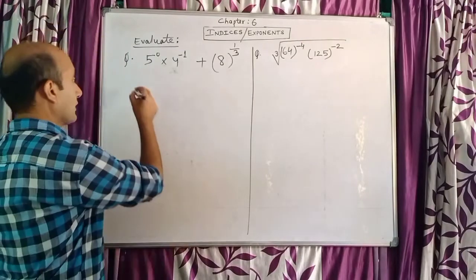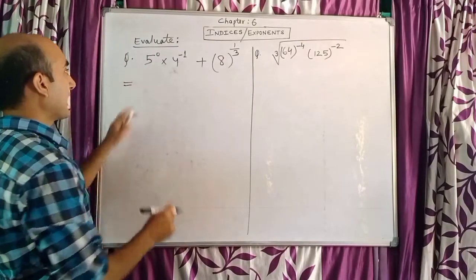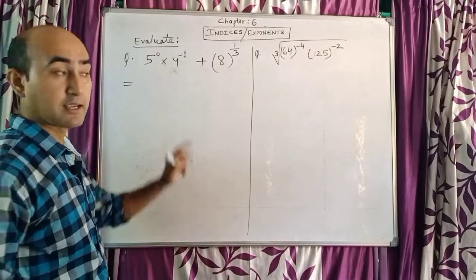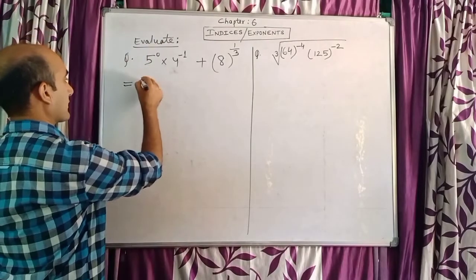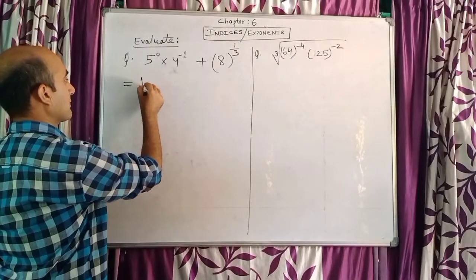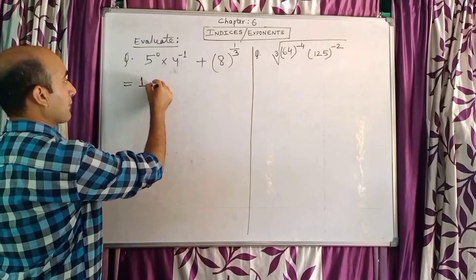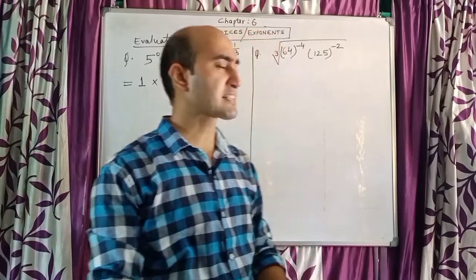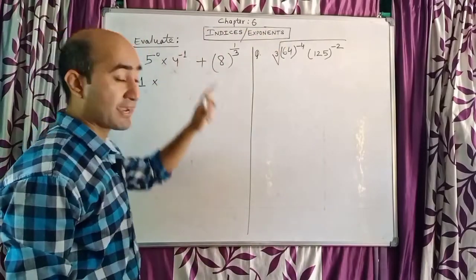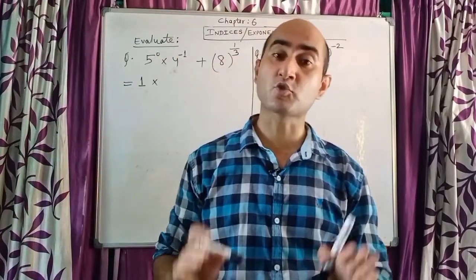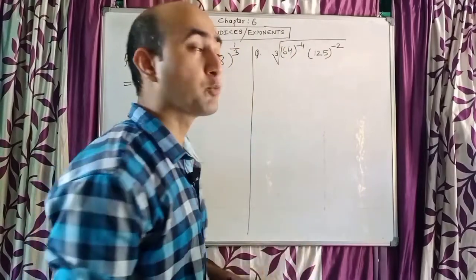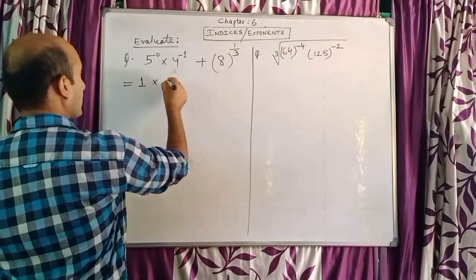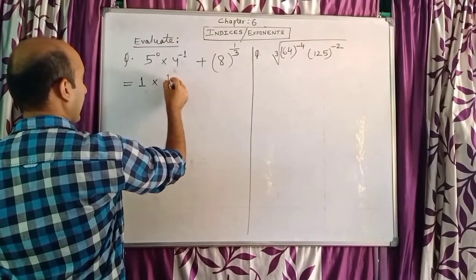So now what I said in the formula: anything to the power 0 is 1. So 5 power 0 will be equal to 1, multiplied by 4 to the power minus 1. Just a few moments ago I said that if you have a minus power, your first duty is to make it a positive power, and to make it a positive power, you interchange the numerator and denominator.